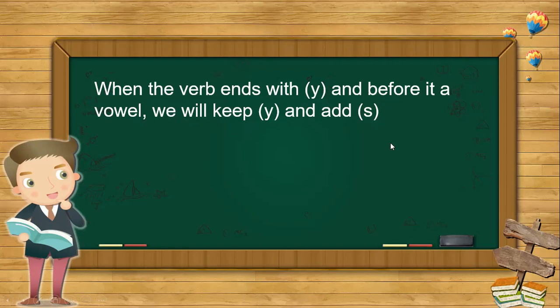In the case of the consonant before the Y, it will break into IES. But if there is a vowel, yes, I can see some of you miming. Yes, it gives her food, makes her strong. So the Y becomes strong, it becomes brave, and it doesn't break. So it stands still, and we add the S to the verb.